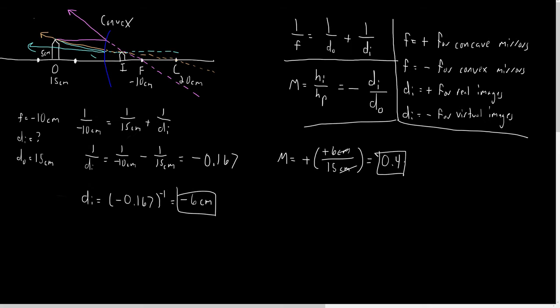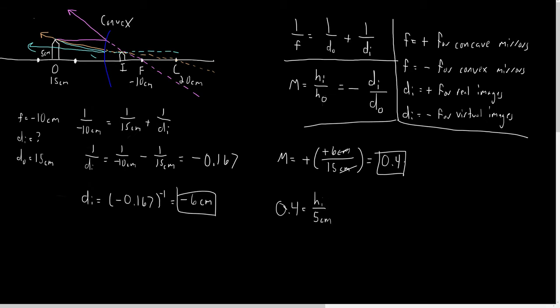Now if we really wanted to figure out the height of the image, what we could do is plug the 0.4 into the magnification. So we got 0.4 is equal to the height of the image, which is the one piece of information we don't have, over the height of the object, which I just arbitrarily decided was 5 centimeters.